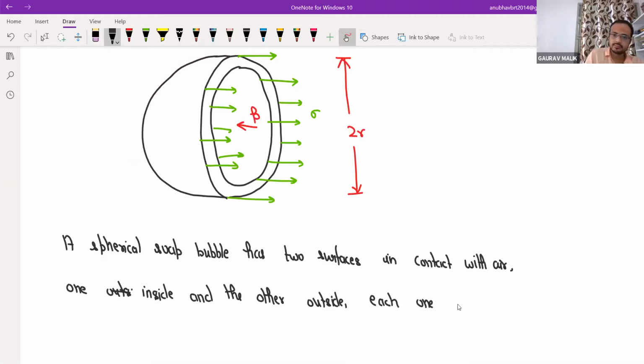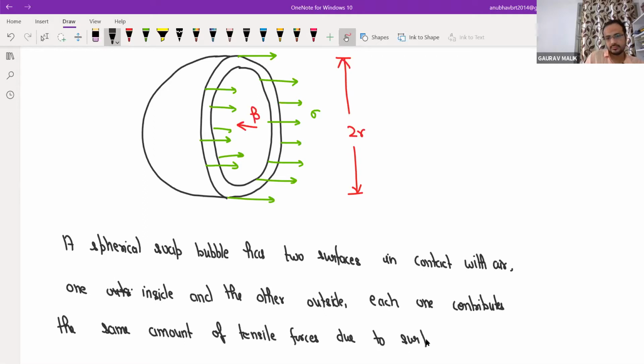Each one contributes the same amount of tensile forces due to surface tension.